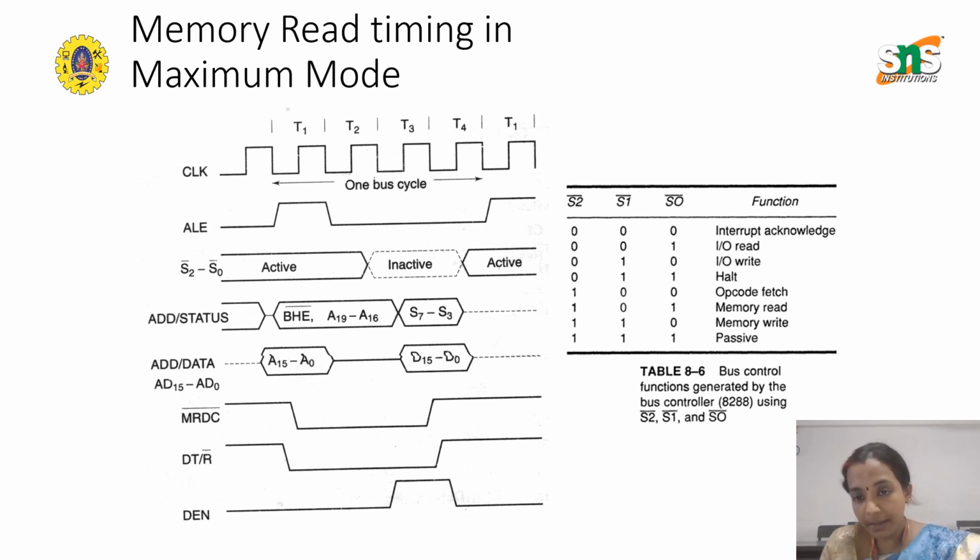So for each status, 000 means it's like input acknowledgement. 001 means input read. 010 means input write. 011 is the halt. 100 is opcode fetch. 101 is memory read. 110 is memory write. 111 is nothing but passive or the halt.